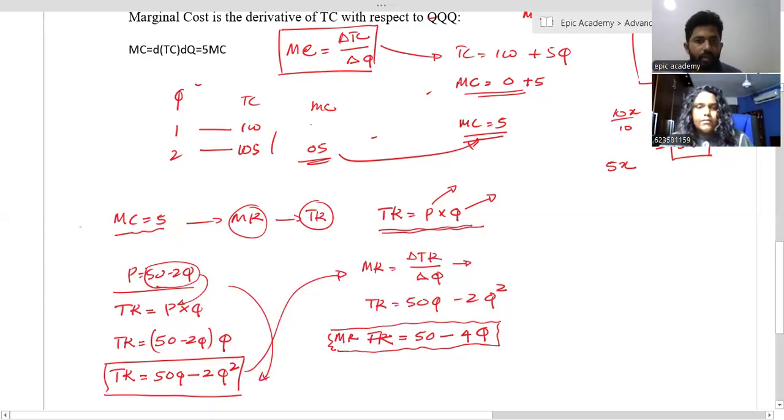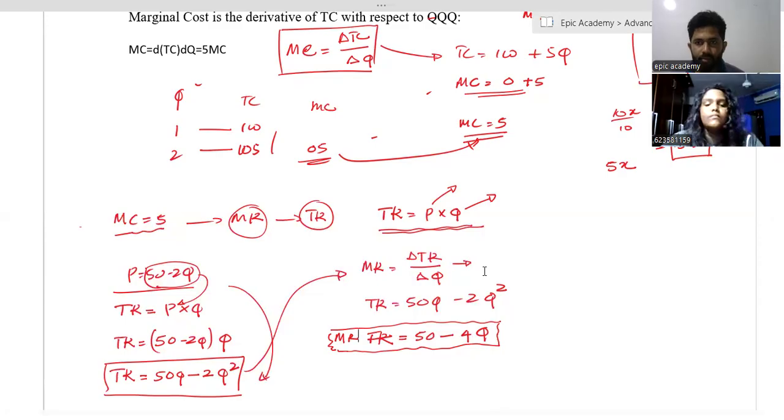Right. And already we got the values for MC and MR.